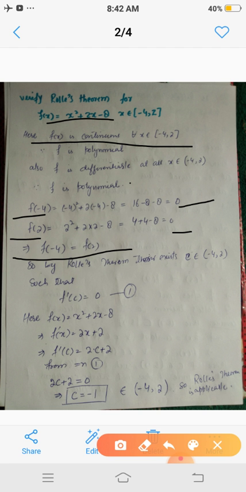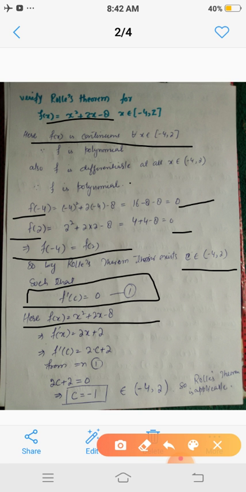Hence, by the statement of Rolle's theorem, there exists a point c which belongs to minus 4, 2, such that f dash of c equals 0, because Rolle's theorem is applicable. Here f of x is x square plus 2x minus 8, which implies that f dash of x equals 2x plus 2 by differentiating. Hence f dash of c equals 2c plus 2, but f dash of c equals 0, which implies that 2c plus 2 equals 0, or c equals minus 1.